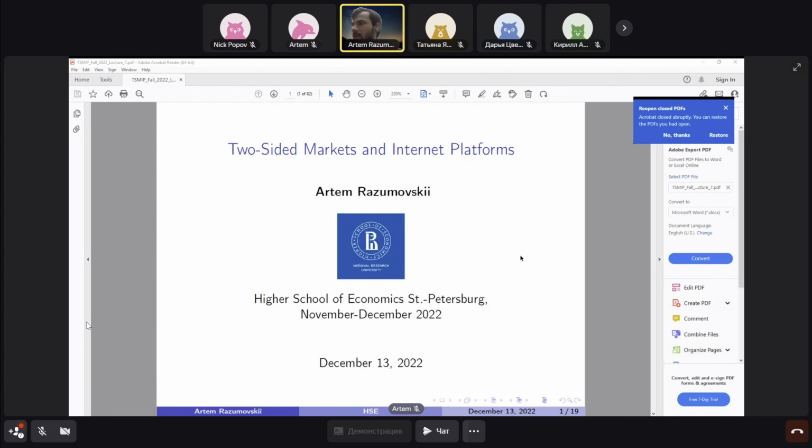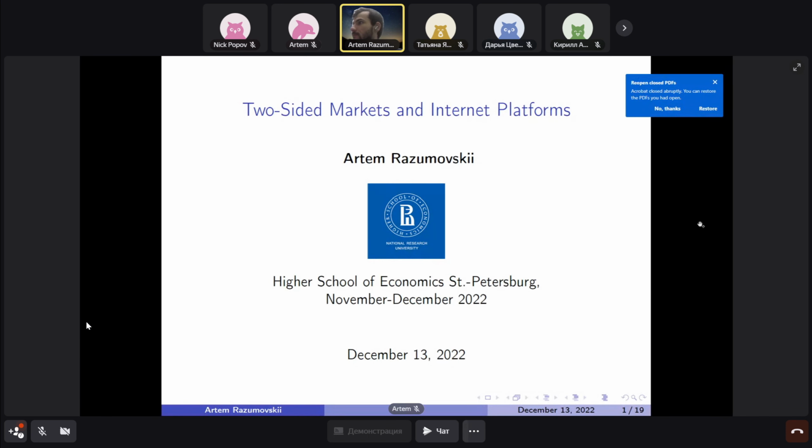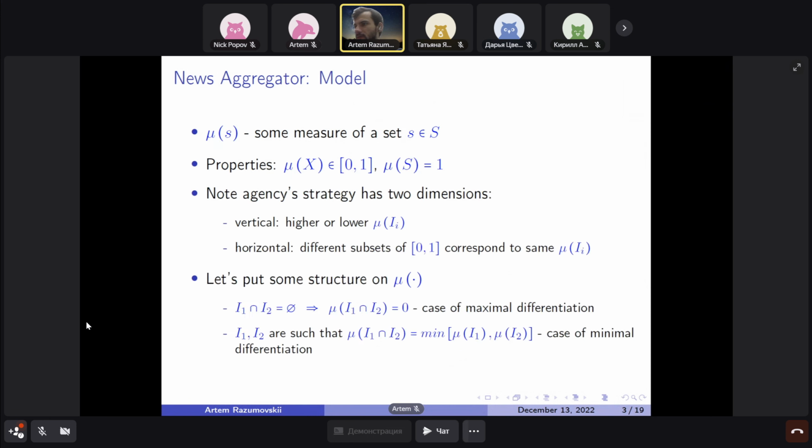Okay, now you can see it. So here there can be minimal differentiation and maximal differentiation.